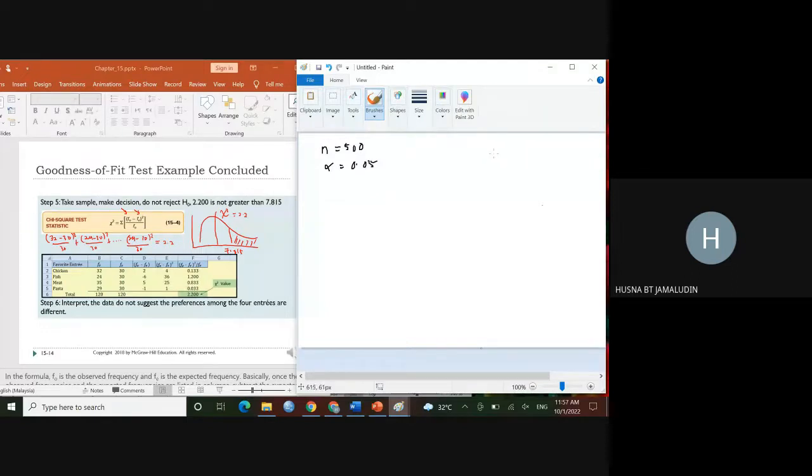So what is the formula for chi-square? Let me just, where should I write? Here. Chi-square equals the summation of all this. What is OF? Observed frequency minus expected frequency, and then you square it, over expected frequency.